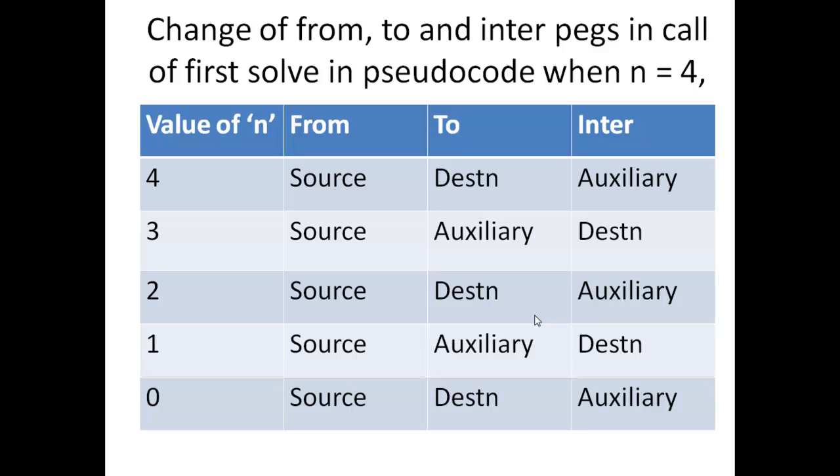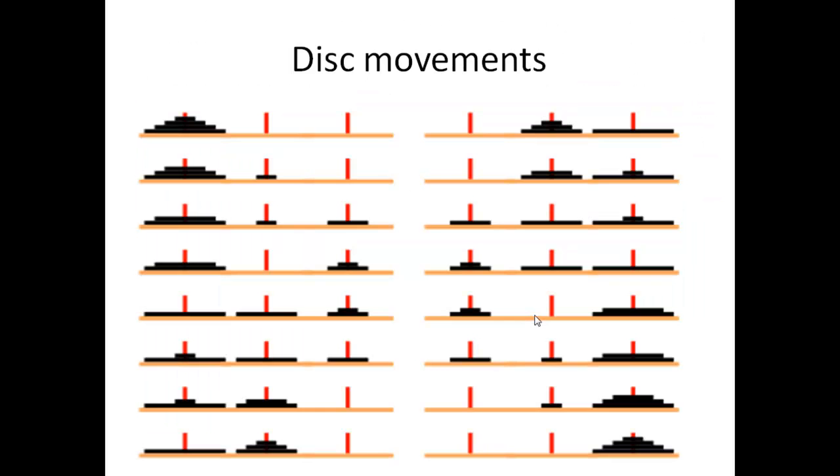When it is 1, the disk is moved from source to auxiliary, keeping the destination as intermediate. And when the input is 0, we move the disk from the source to destination, keeping the inter as auxiliary. If you see this particular slide, you will understand how the step-by-step solving of Tower of Hanoi is carried out.